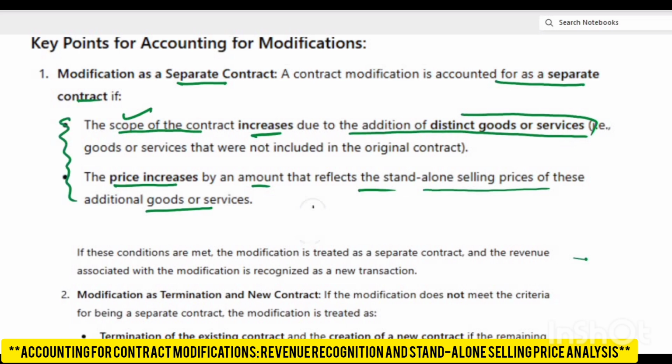If this criteria is fulfilled, then you will treat the modification as a separate contract. Clear?